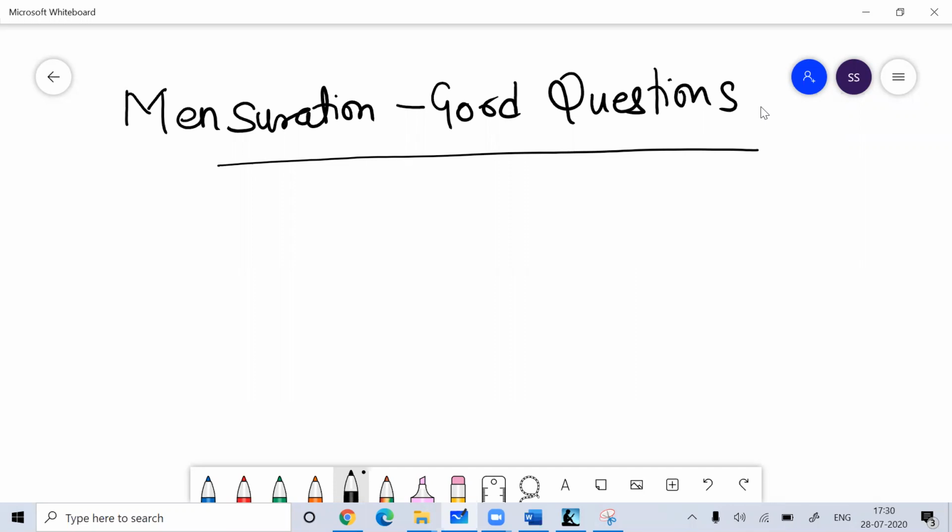So basically, if you've seen my last two sessions, we have done a lot of problems, and in all those problems, we tried to solve the questions by using the formulas, because the level of questions was comparatively easy to moderate. So by using the formulas, we can easily get the solution for the problem.